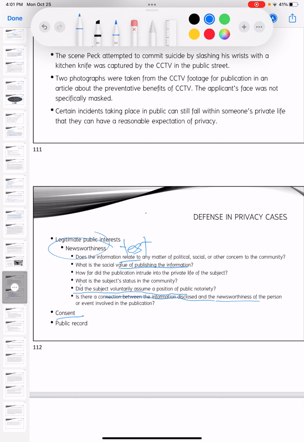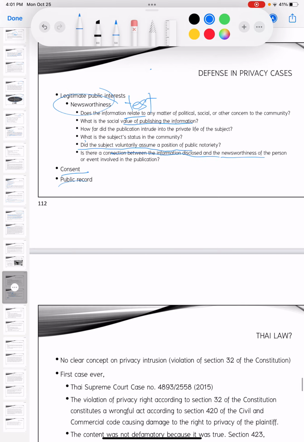Or the public record, meaning a record that anybody in this world can get access to. I mean, some information is publicly available or publicly accessible. So once the news agency obtains that information, because it's already published, why can the news not publish it? Right. That would be another defense.